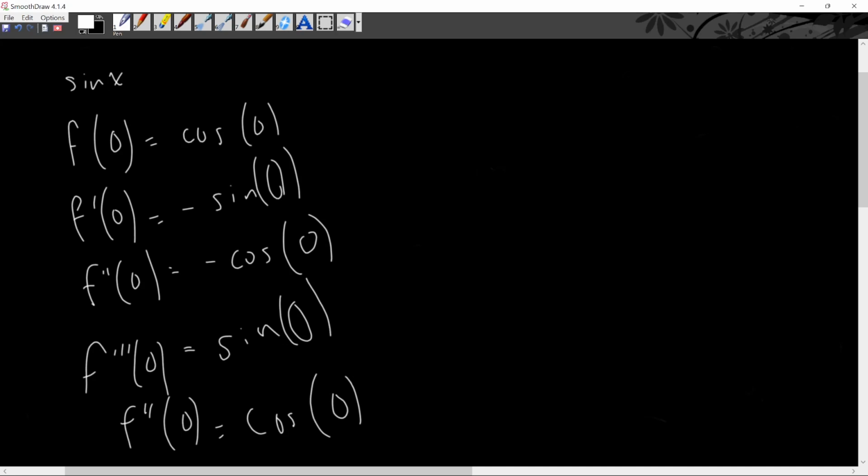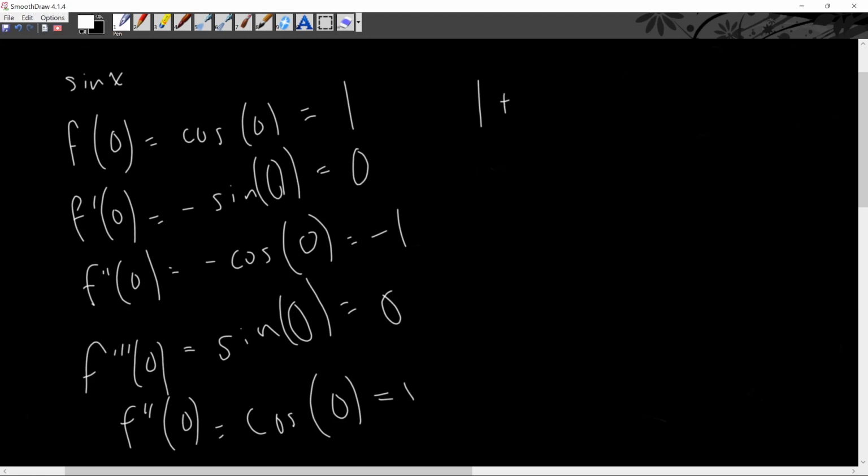All right, so cosine 0 is going to be 1. This will be 0, and then this will be negative 1, this will be 0, and then this will be positive 1. Right? So if we do f of 0, which is 1, plus, well, I guess I can write it out just to show.